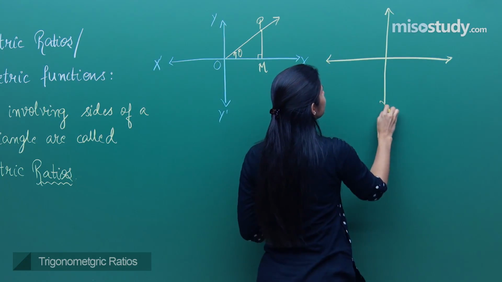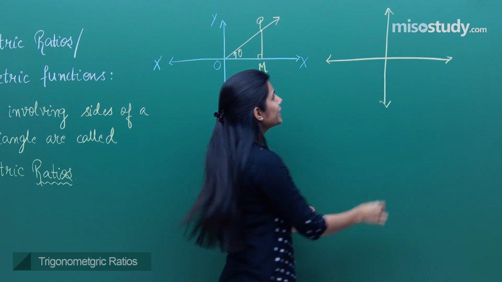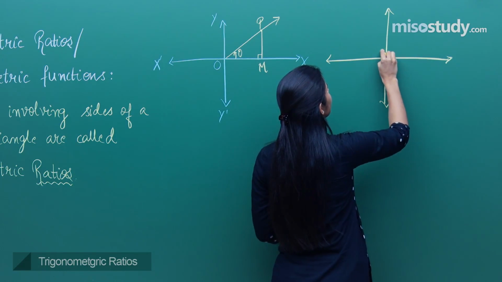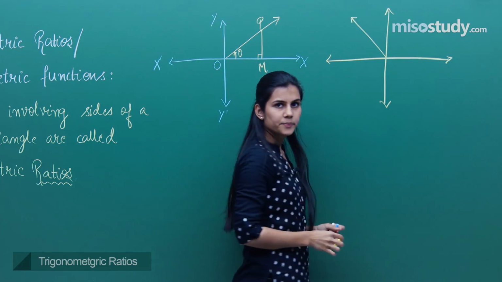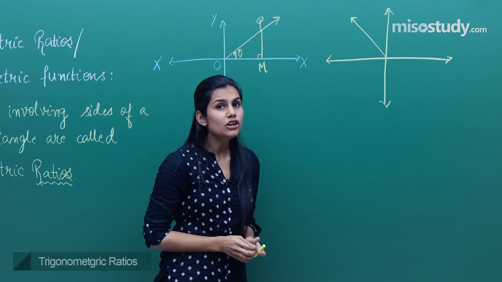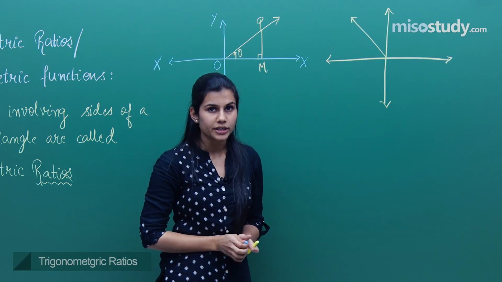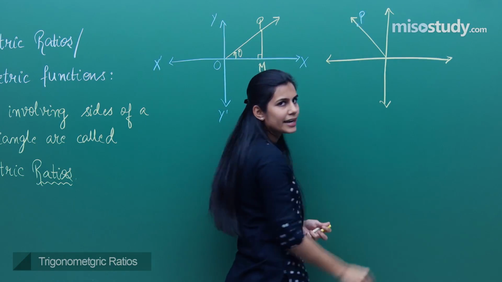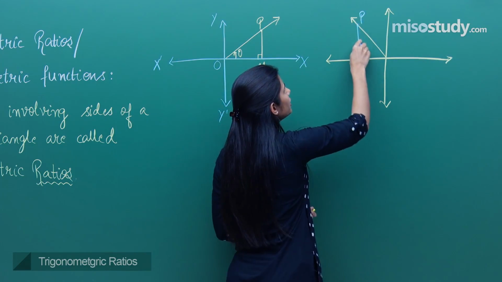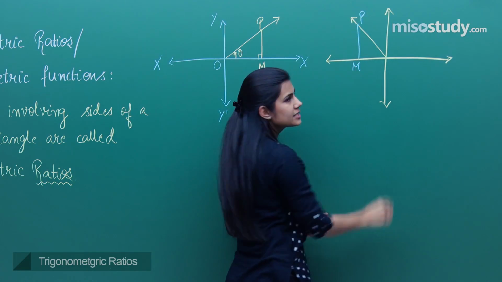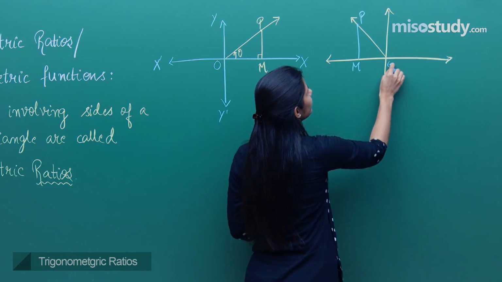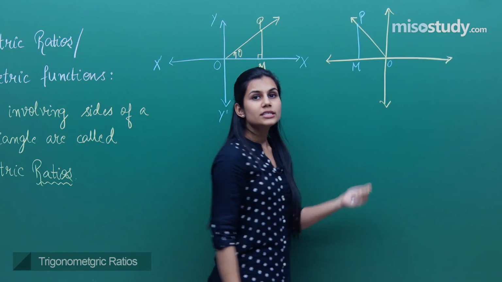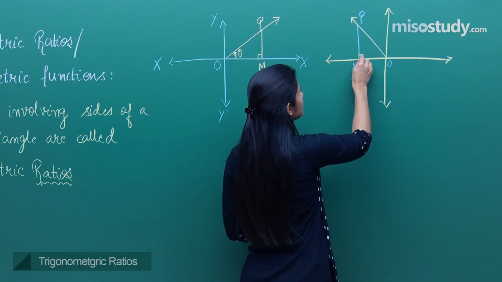I can do one more thing: in order to get this triangle of reference, I can also start rotating this particular side and reach up till here. That is, the terminal ray is lying in the second quadrant. In that case, if I take a point on the terminal side and drop a perpendicular PM on the x-axis, again this is going to result in OMP, which is a triangle of reference.